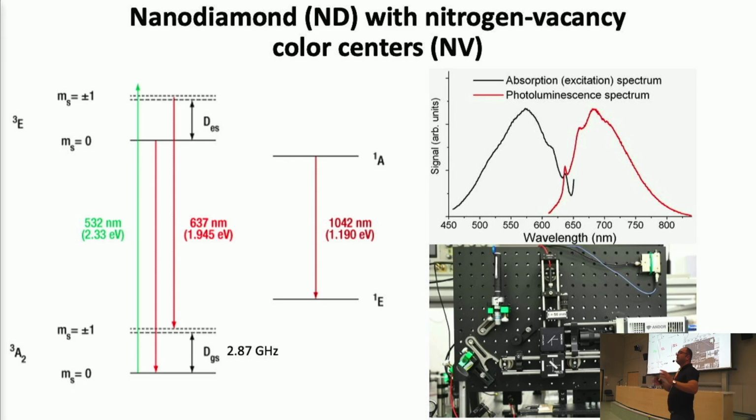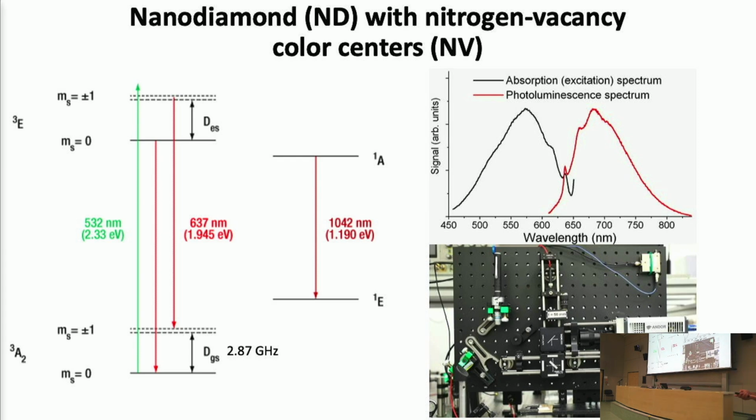We can use only the microwave and control the population. And another thing, everything is in a very nice visible range, so you don't need special devices to build the setup and measure everything. You can do everything in the visible range of the spectrum.